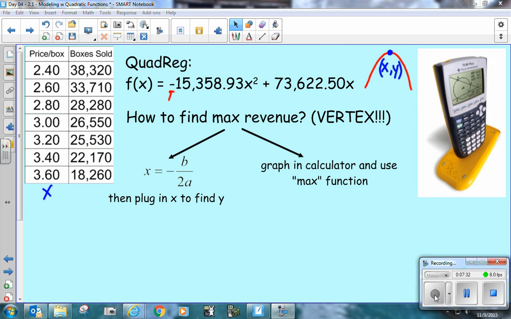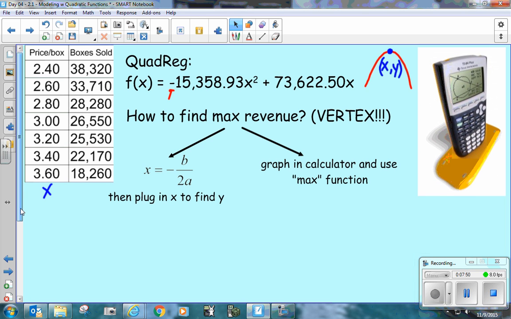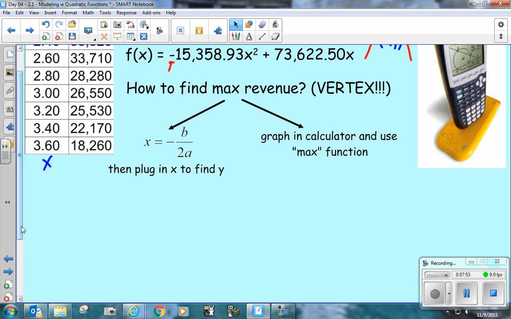Absolutely. So there are two ways I can do this. Algebraically and in the calculator. And since we have time today, we will do both. We will do it algebraically, then we'll check it in the calculator. All right? So, remember, if I want to do this algebraically, I need to find my x first in my vertex.